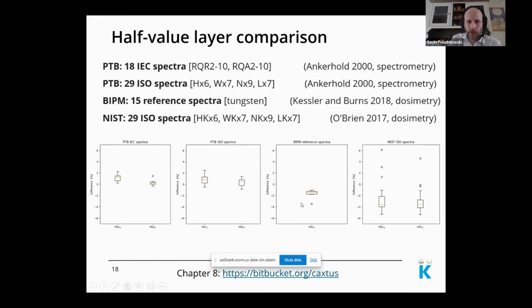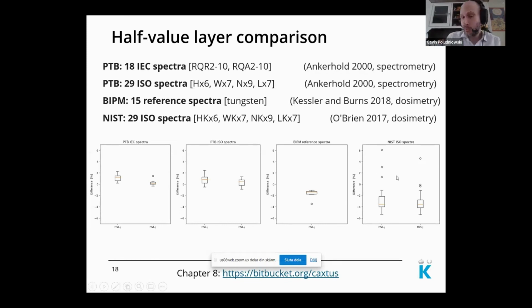And we only have the HVL1s for these reference spectra for BIPM, but although it's a bit bigger shift from 0, it's still a very narrow spread. With the NIST beams, it's a little bit more, about 2 to 3% average difference and a wider spread with some anomalies.